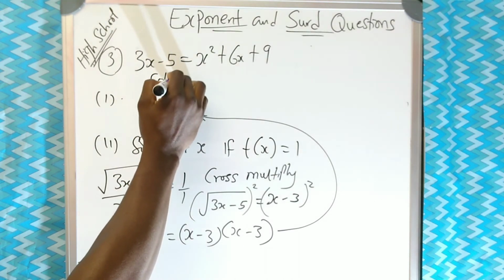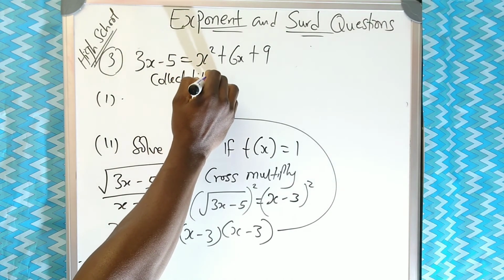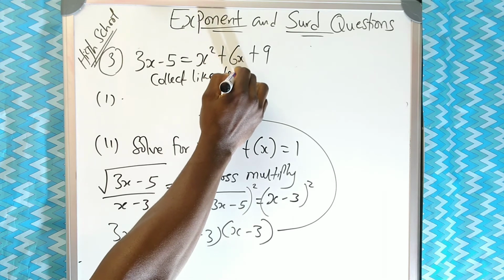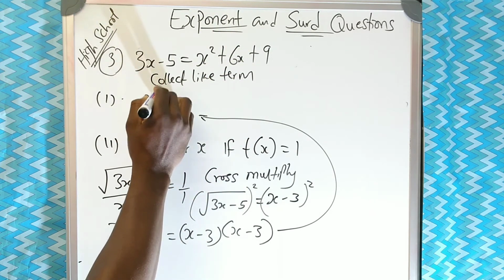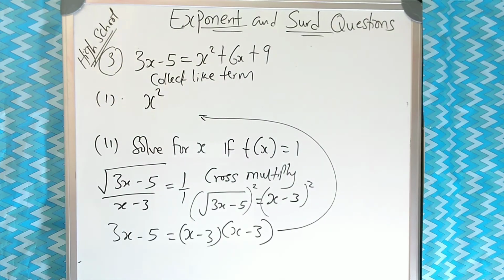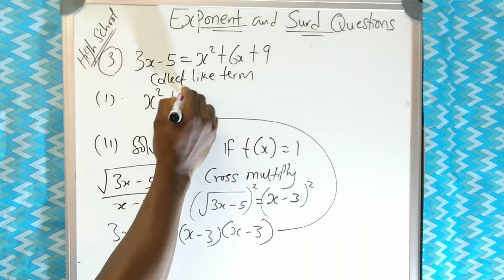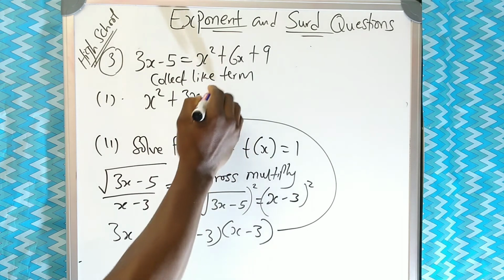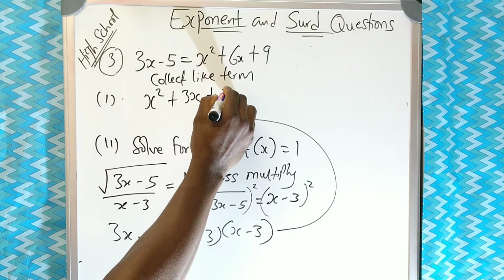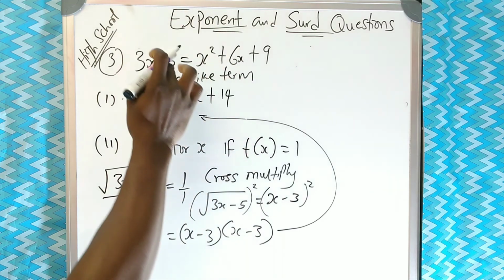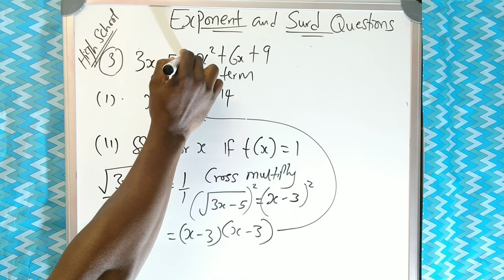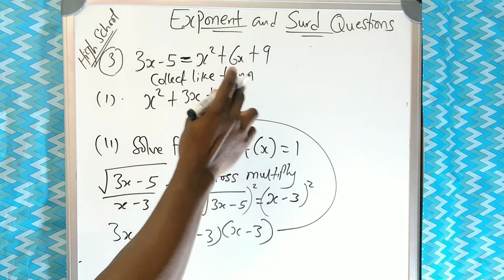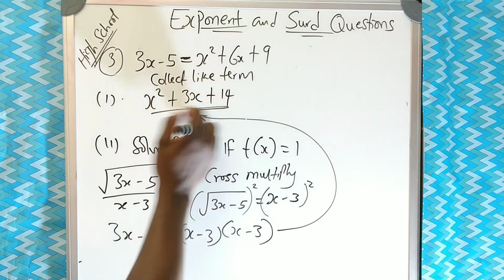When we collect like terms, definitely we're going to have x squared. If you take this one to the other side, we're going to have plus 3x. If you take this one to the other side, we're going to have plus 14, because the signs will always change when they cross over the equal sign. So minus 5 will become plus 5, then plus 9 becomes 14.